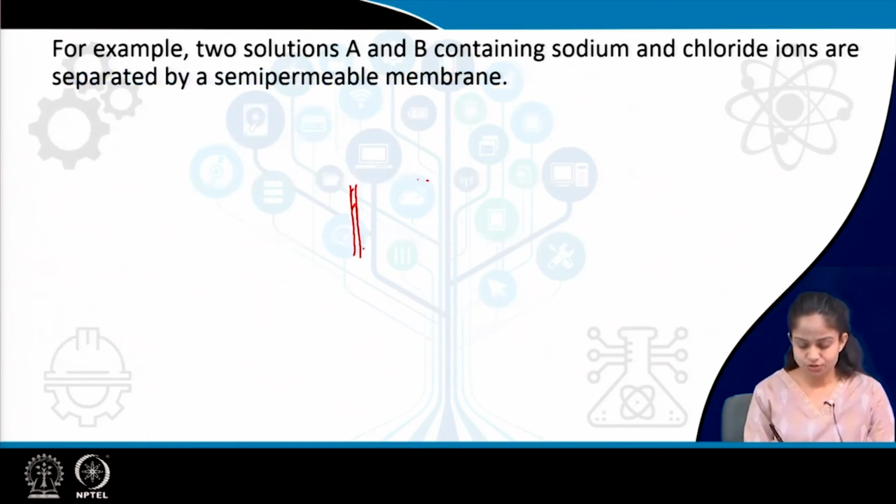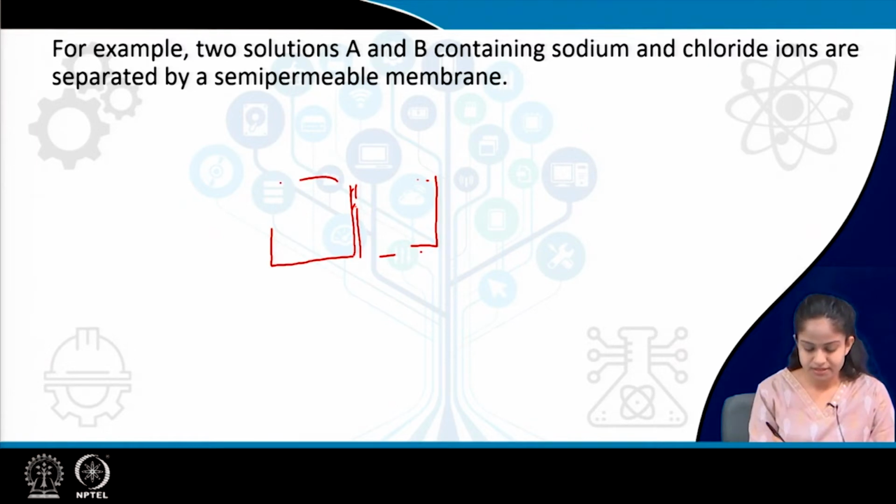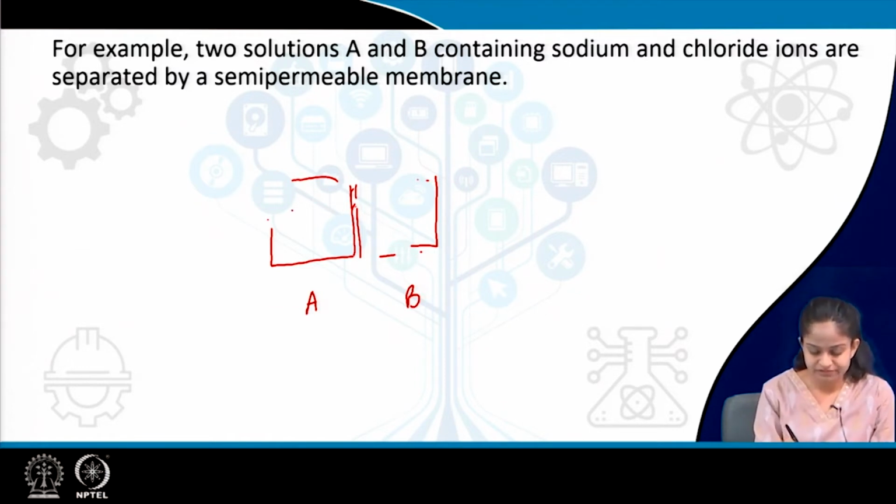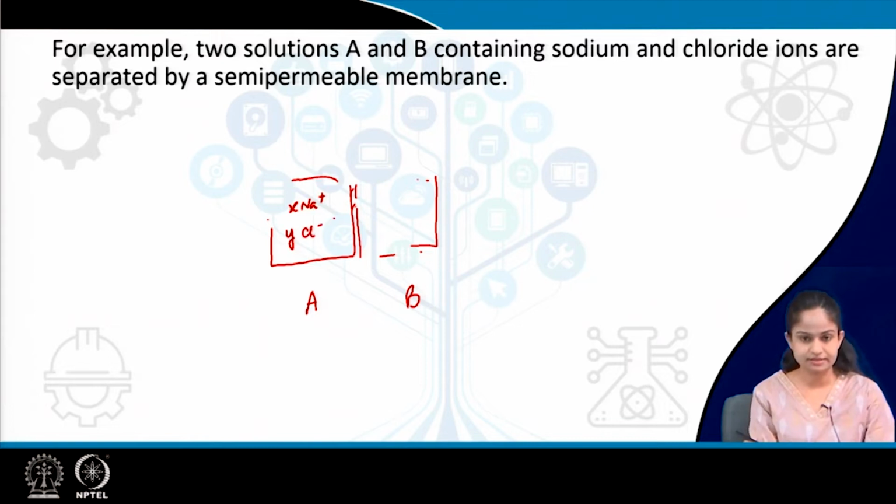So, when we take two solutions separated by a semi-permeable membrane, suppose this is solution A and this is solution B. In solution A, suppose we have x sodium ions and y chloride ions. In solution B, we have m sodium ions and n chloride ions.